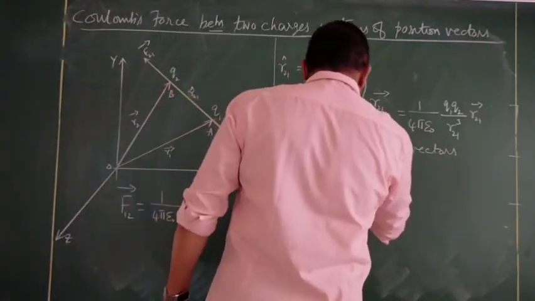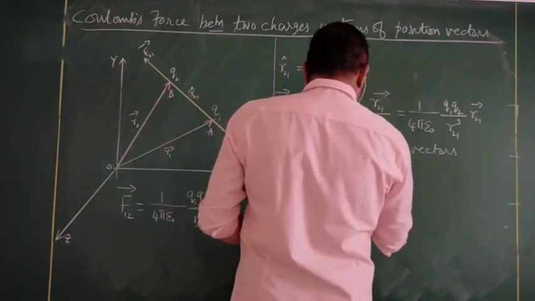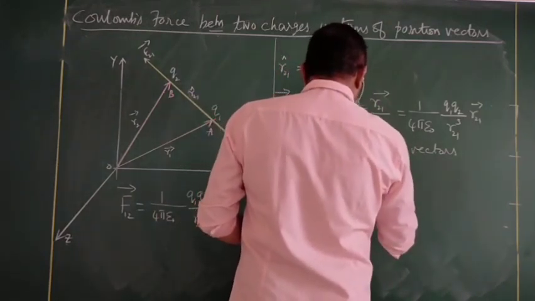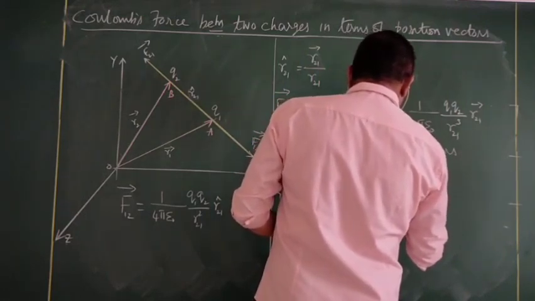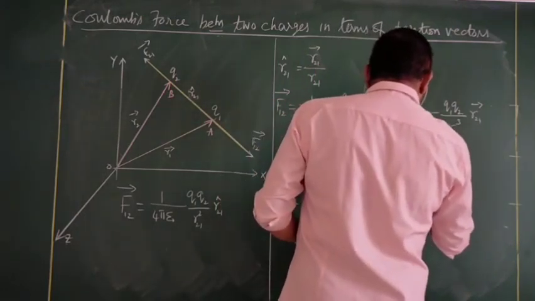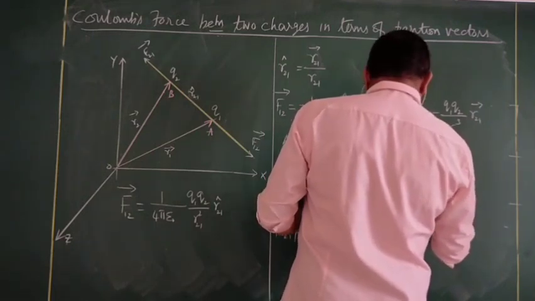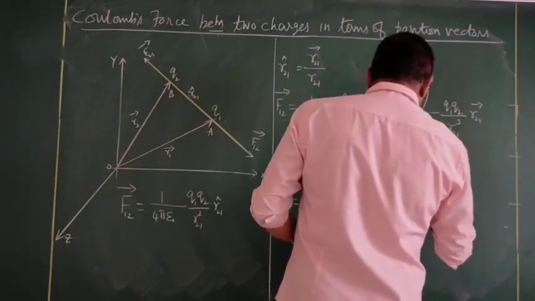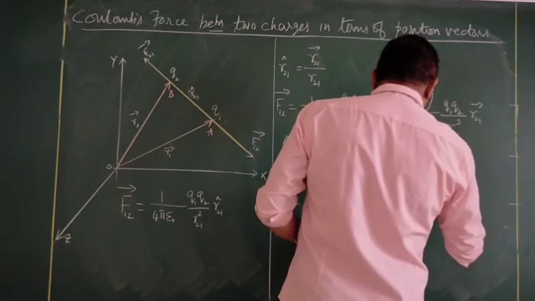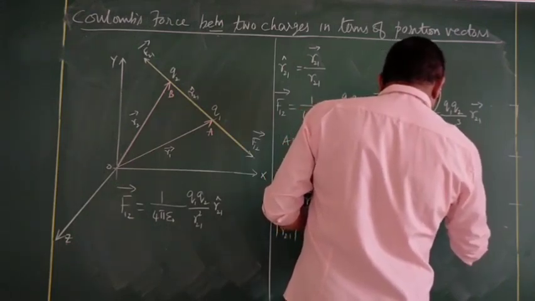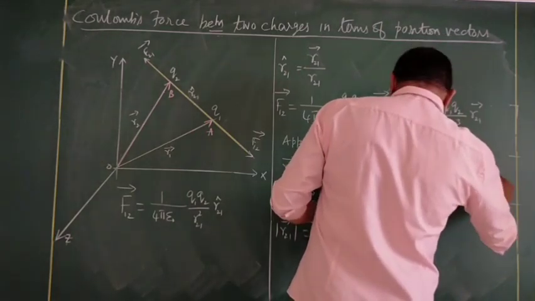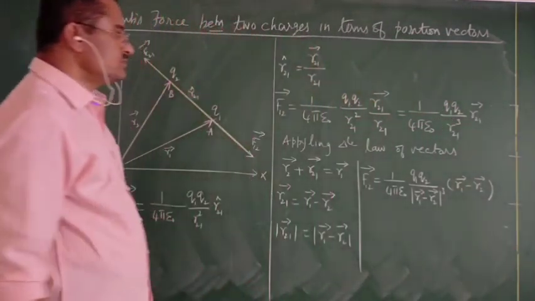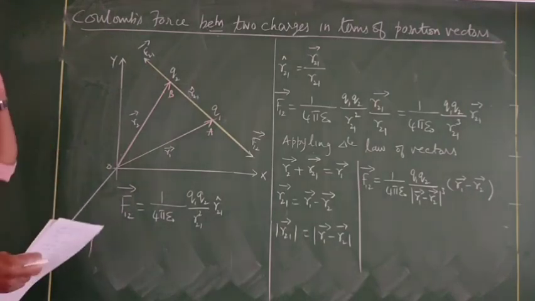In this expression, therefore, the expression becomes F12 vector is equal to 1 by 4 pi epsilon naught Q1 Q2 upon mod of R1 vector minus R2 vector the whole cube into R1 vector minus R2 vector. Is that clear?